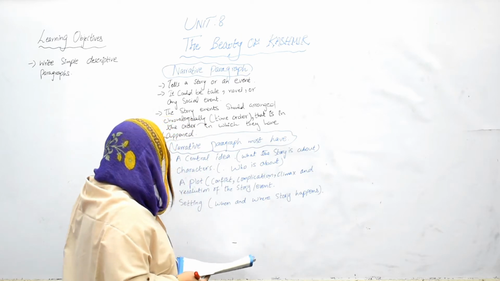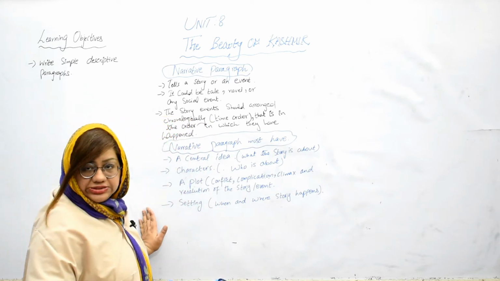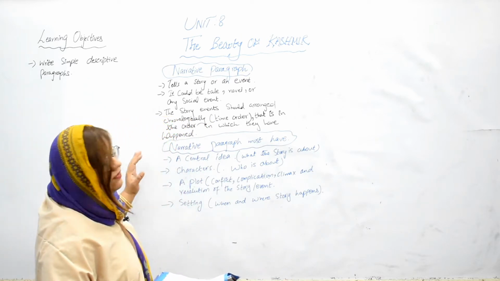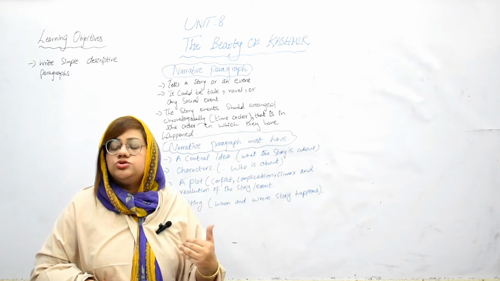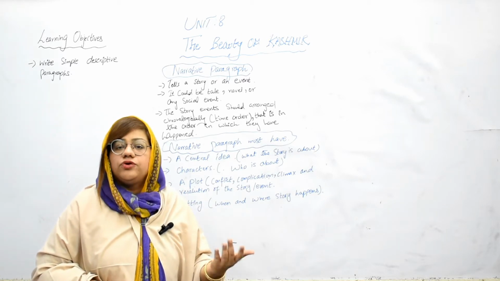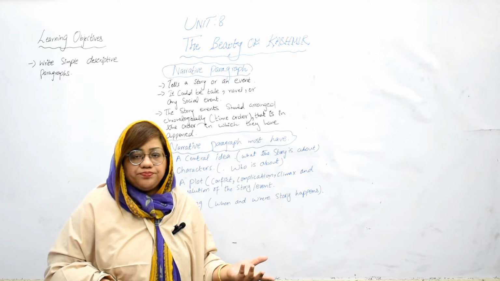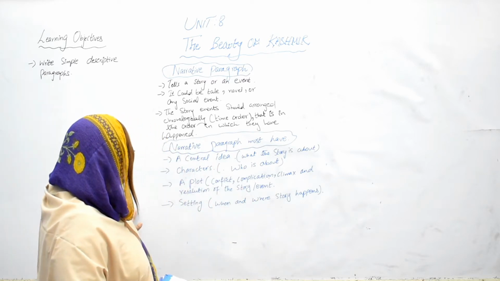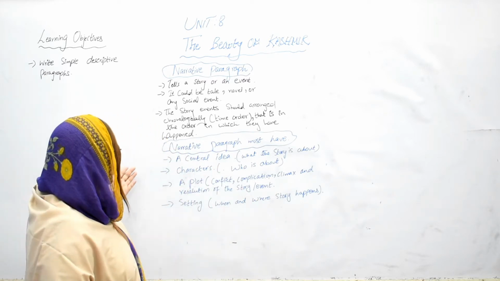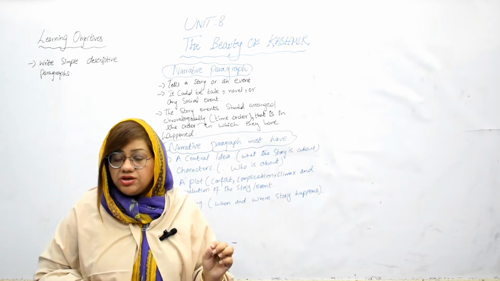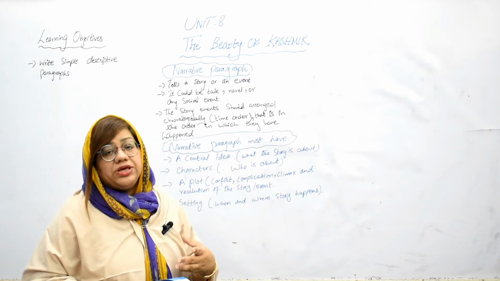So, students must take these into account. You must have an idea about them whenever you start writing a narrative of your own in your own words. This is the basic criteria. I'm repeating again: a narrative tells about a story or an event. It could be anything.